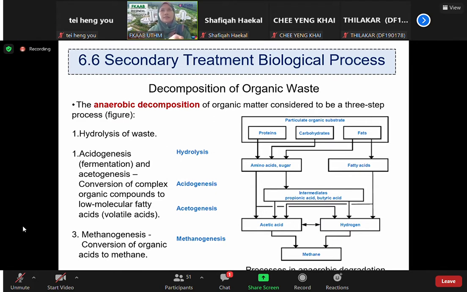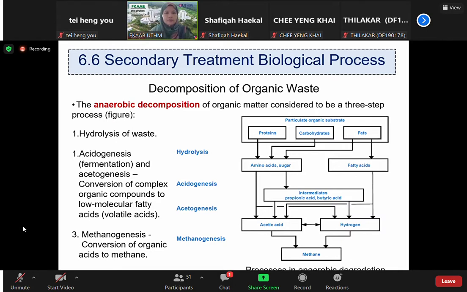This technology is actually being implemented in many developed countries, like in Japan. Nanti if you can see the video from the lecture, saya akan explain. It's very interesting. This is more on the circular economy lah. From the waste we can generate biogas, which can give income to the country or company. So this is the process of decomposition of organic waste by using anaerobic decomposition.